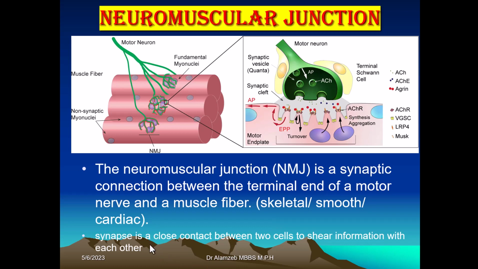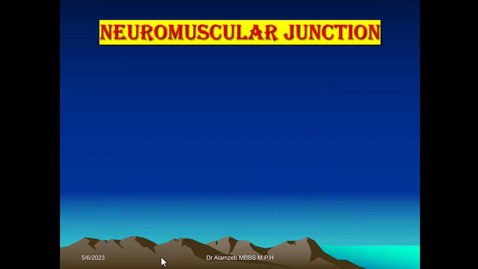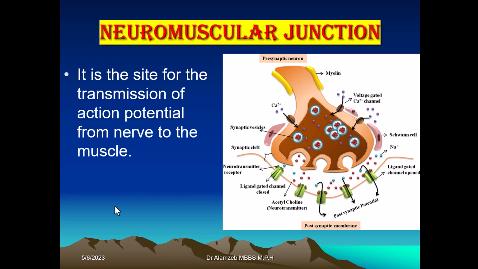What is a synapse? A synapse is a close contact between two cells to share information with each other. It is the site for transmission of the action potential from nerve to the muscle. Here we have a nerve, axon terminal.